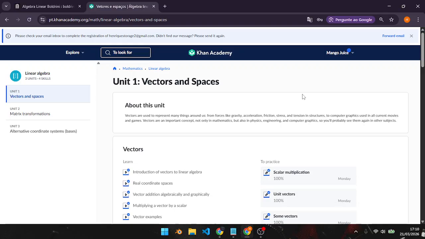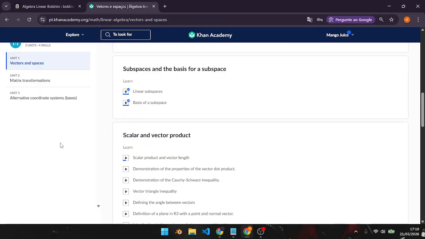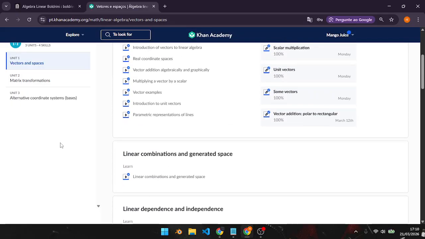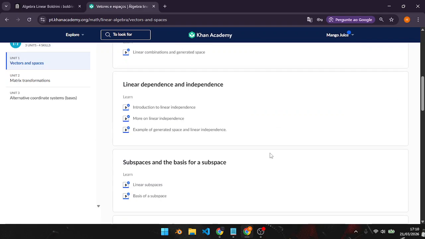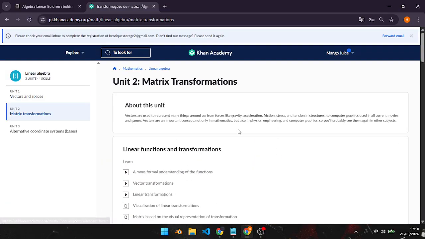In linear algebra this week, I learned about parametric equations. I also learned that in Khan Academy, at some point, for some reason, from here on they don't have exercises anymore.